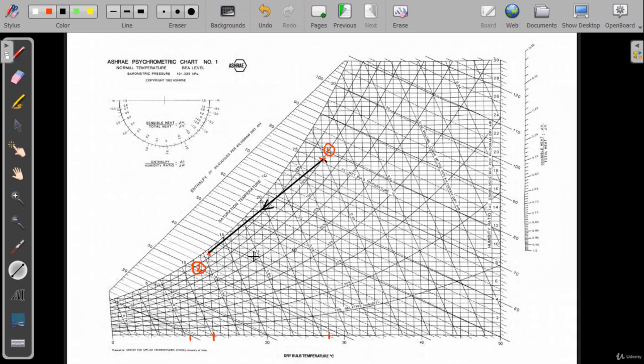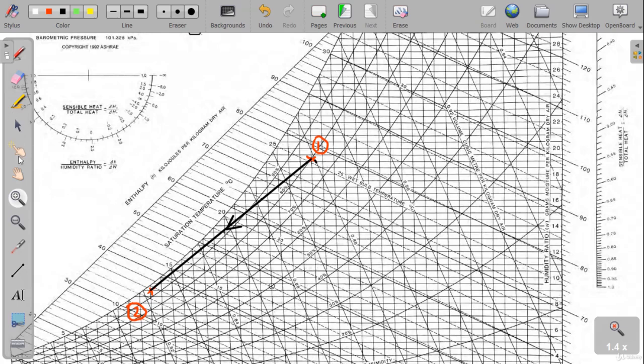But don't forget, we are using the psychrometric chart because we want to find out the humidity ratio at 0.1 and at 0.2. So let me zoom in a little bit. Let's draw a horizontal line from 0.1 all the way to the right hand side and read off the humidity ratio over there.